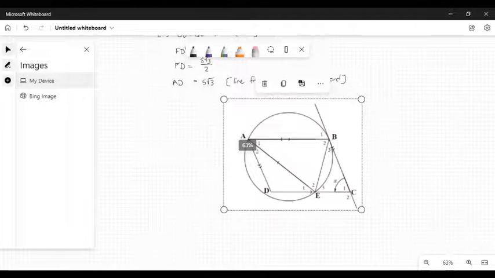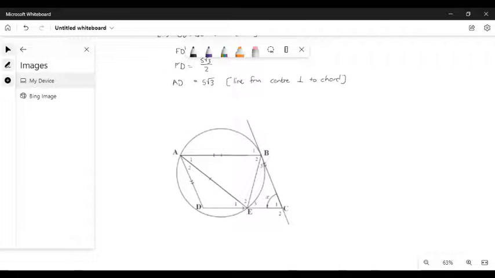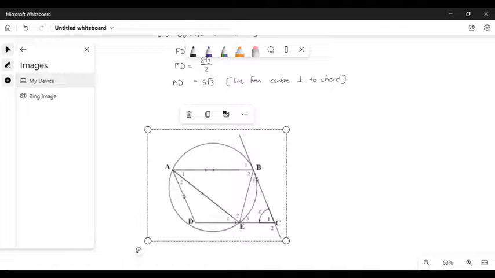So the other one would be line from center, bisects chord, and then what do you gather from that? That it's perpendicular. So if you had to prove that it's perpendicular, then you would use that reason.